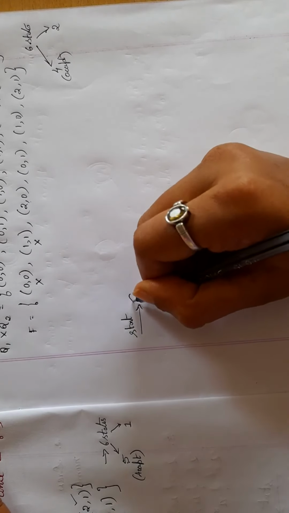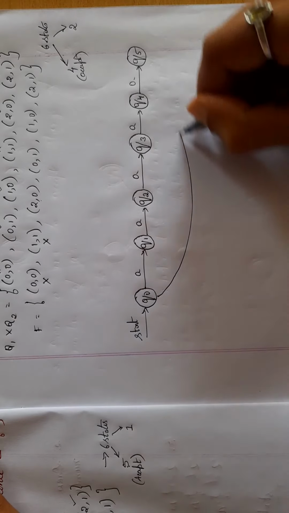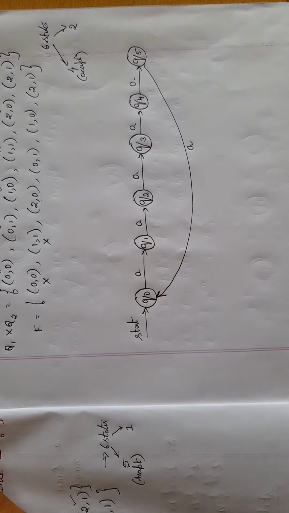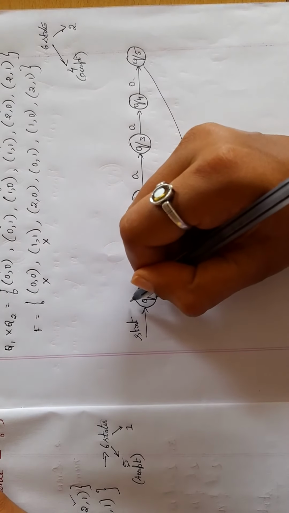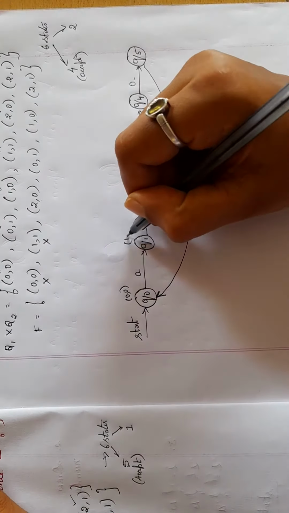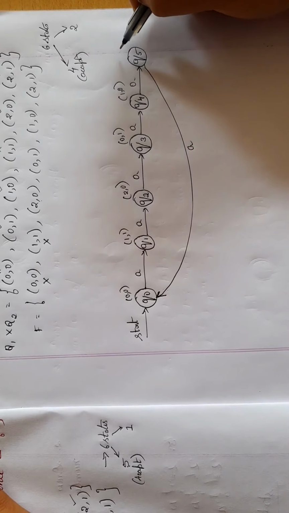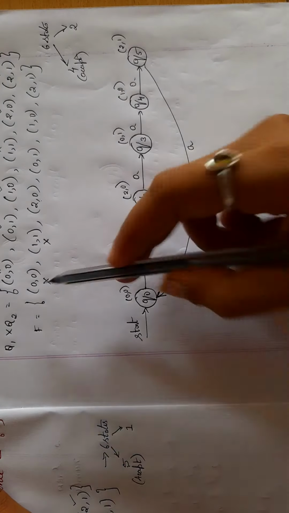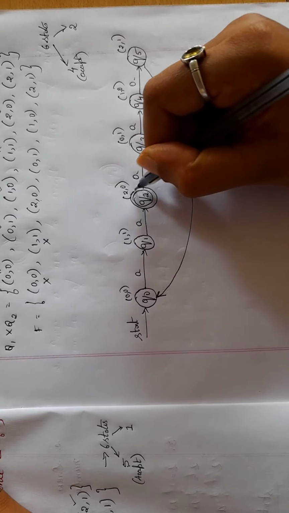From the final state, I'll get back to Q0 with A. Now write the states here: this is 0,0, this is 1,1, this is 2,0, 0,1, 1,0, and then 2,1. Here these two are not accepting states. The rest are accepting states, so these are the final states.